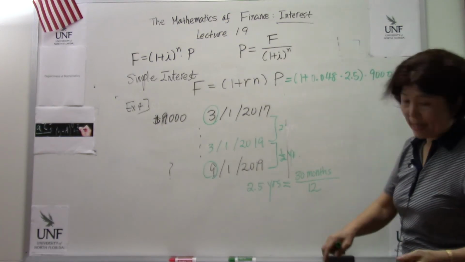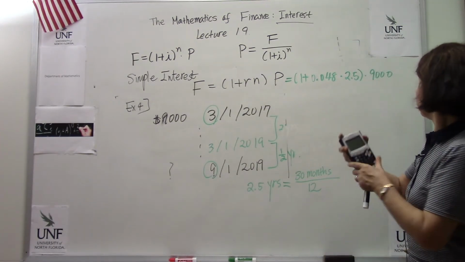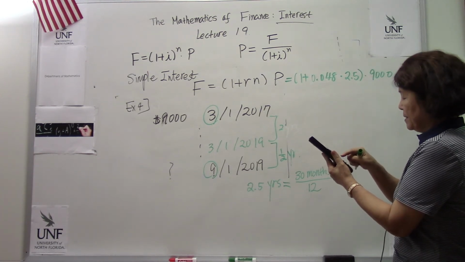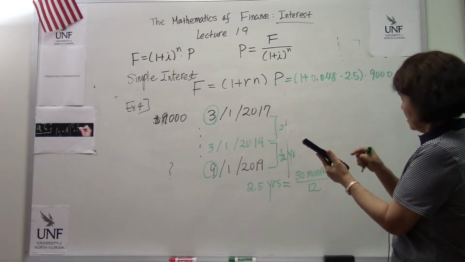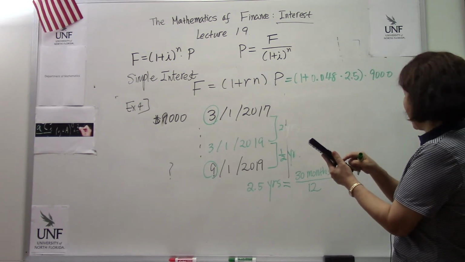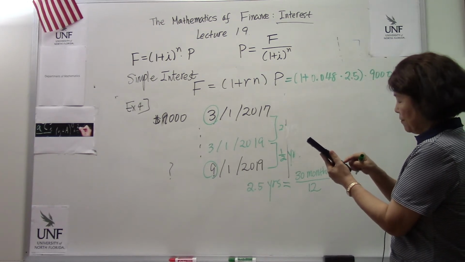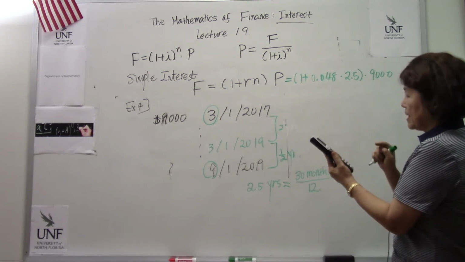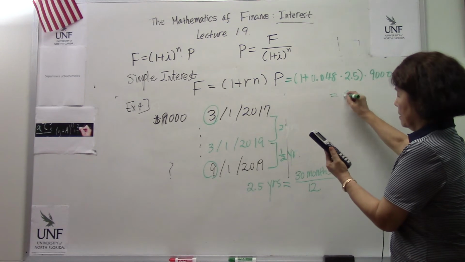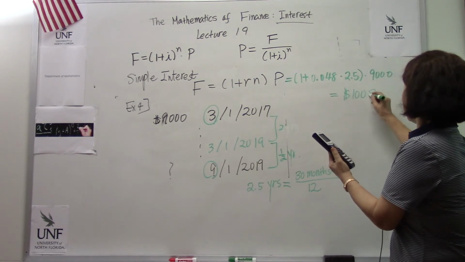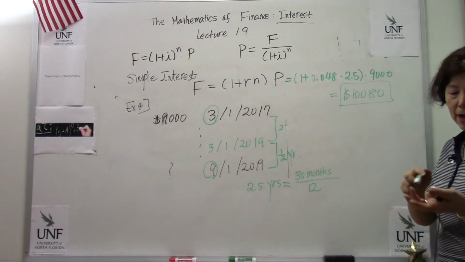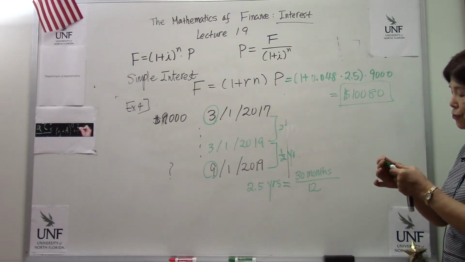So what is that? 9,000 times, yeah, 1 plus 0.048 times 2.5. Close it, and then ta-da, that is $10,080. Okay, $10,080.